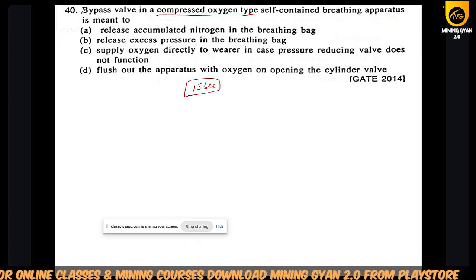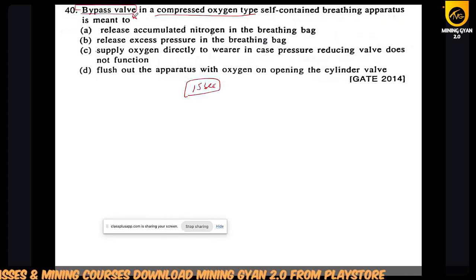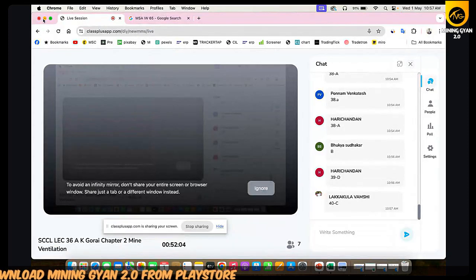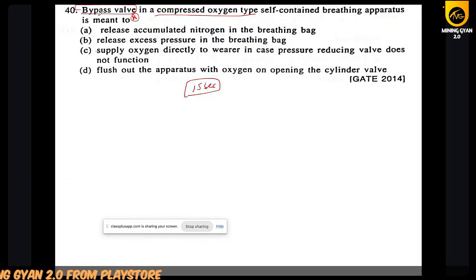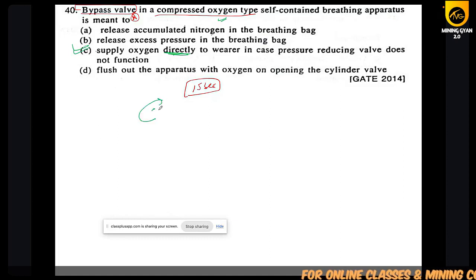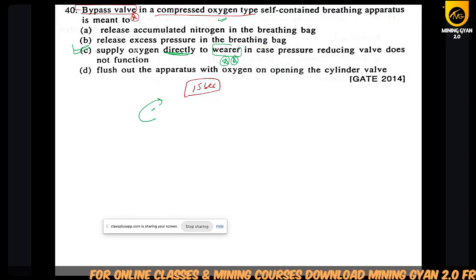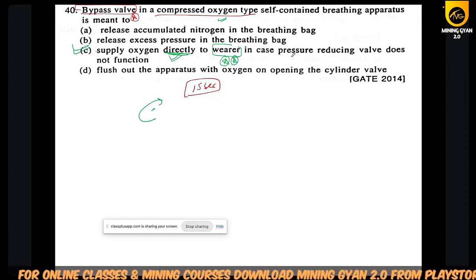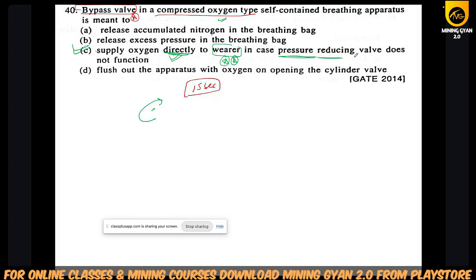Why do we use bypass valve in your compressed oxygen type self-contained breathing apparatus? Vamsi has given his answer. What does bypass do in a compressed oxygen type self-contained breathing apparatus? Bypass supplies oxygen directly. If your regular valve is not working, then bypass will supply directly. Those who are wearing it can use bypass as a direct supply of oxygen in case the pressure reduces and the valve does not function.